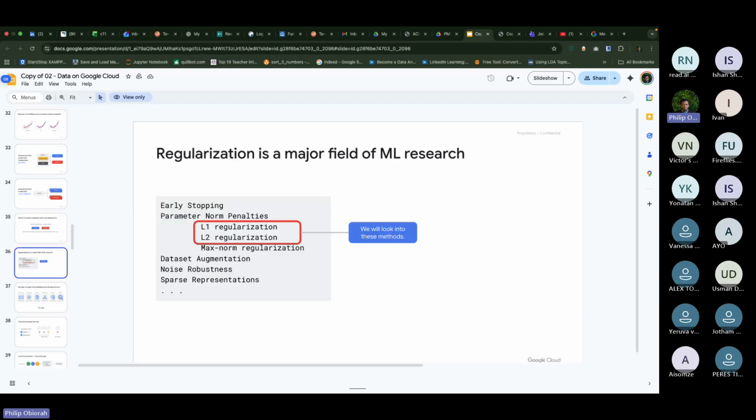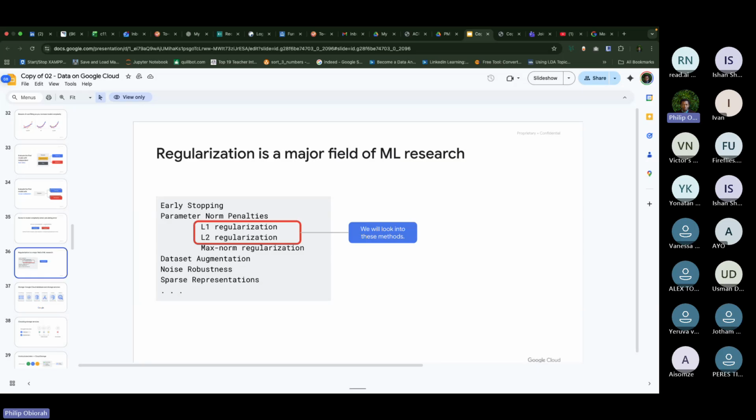We've seen these concepts again. You see, it's repeating itself, but we're going to repeat it to emphasize this. So these are regularization techniques. Usually, regularization techniques are done to reduce overfitting in machine learning.